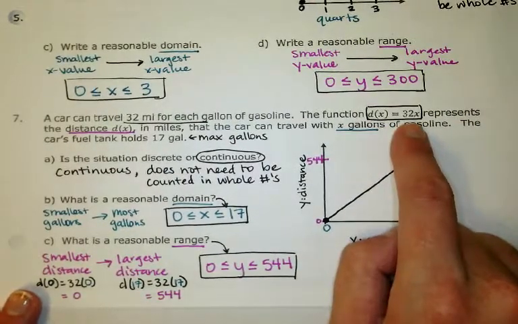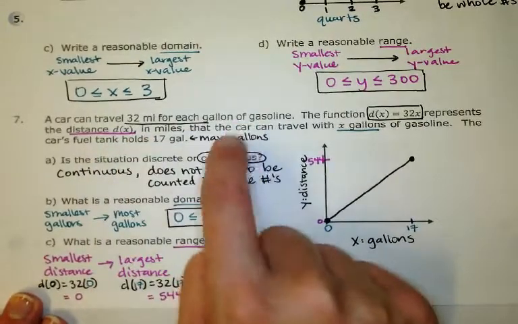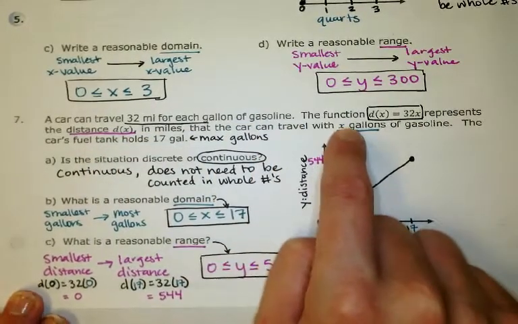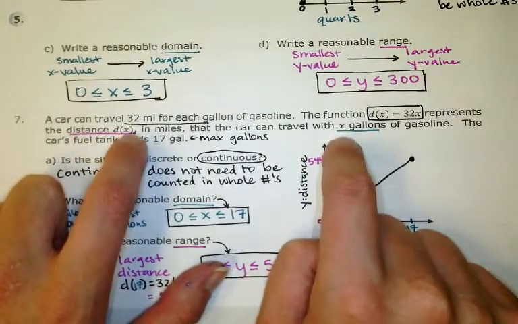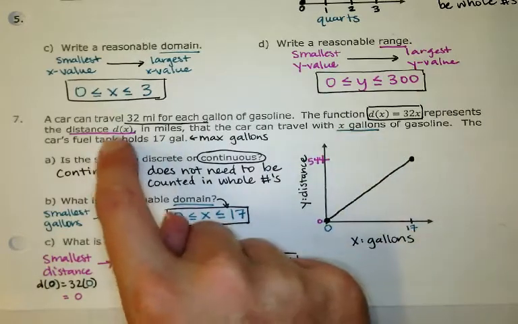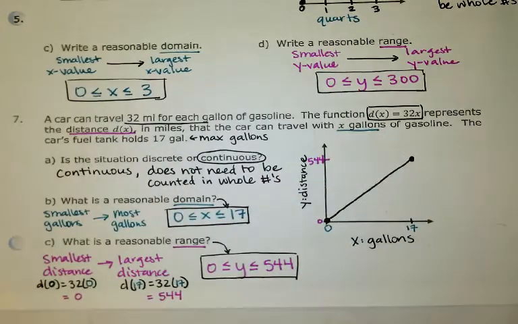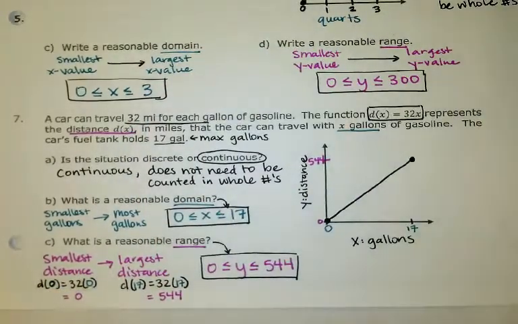Guys, it gives you the x and the y. Sometimes it gives it to you. So the x is our gallons, the y is our distance. And this was important. It holds a maximum of 17 gallons. So guys, we can't go above 17 gallons realistically. So we have to think about the reasonableness here.